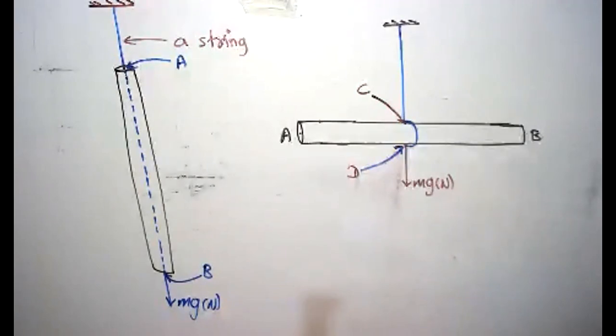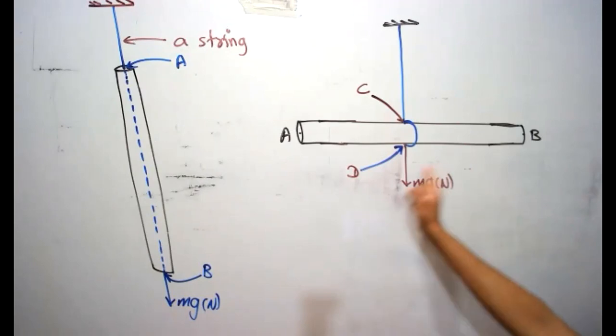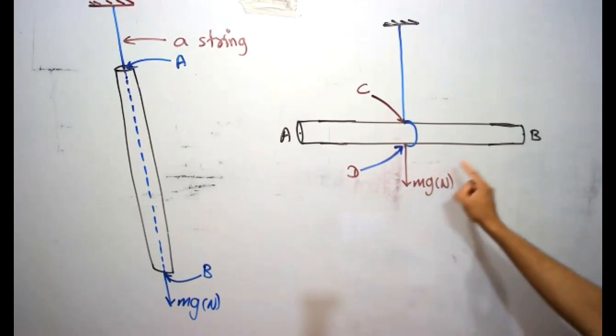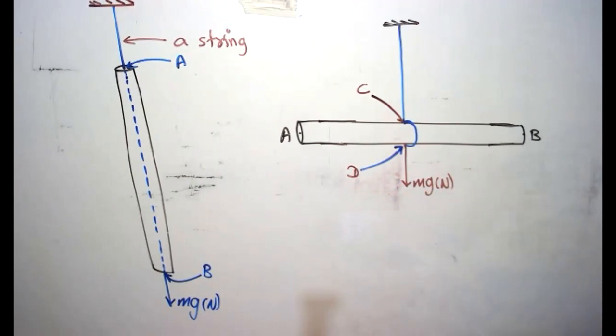Can somebody read all the points that I have said about this rod case here? For the vertical rod and for the horizontal rod, please somebody unmute the mic and read that note.